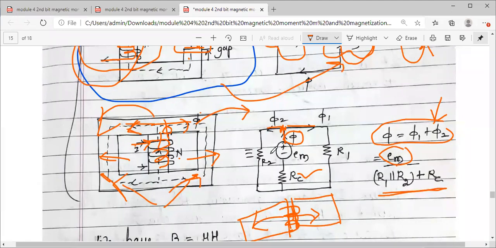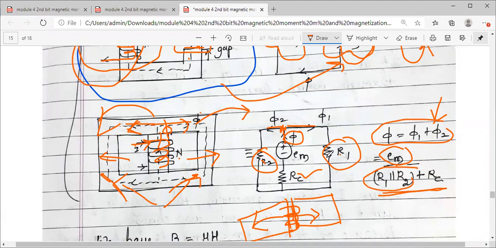You can see here. I hope you have solved this in network theory, how to find the equivalent circuit. Okay, I will not give you those details. I have written here, it is R1 and R2, these two are connected in parallel.